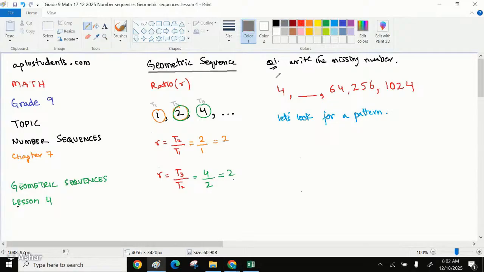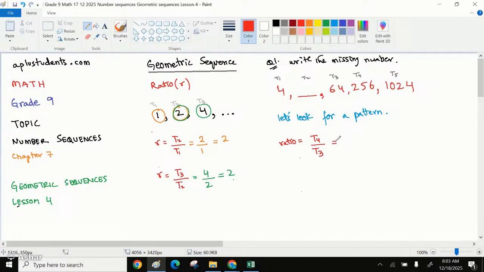This is term number 1, this is term number 2, term number 3, term number 4, and this is term number 5. If we can find the ratio from any of the terms, let's find the ratio. To find the ratio, we take any two terms.